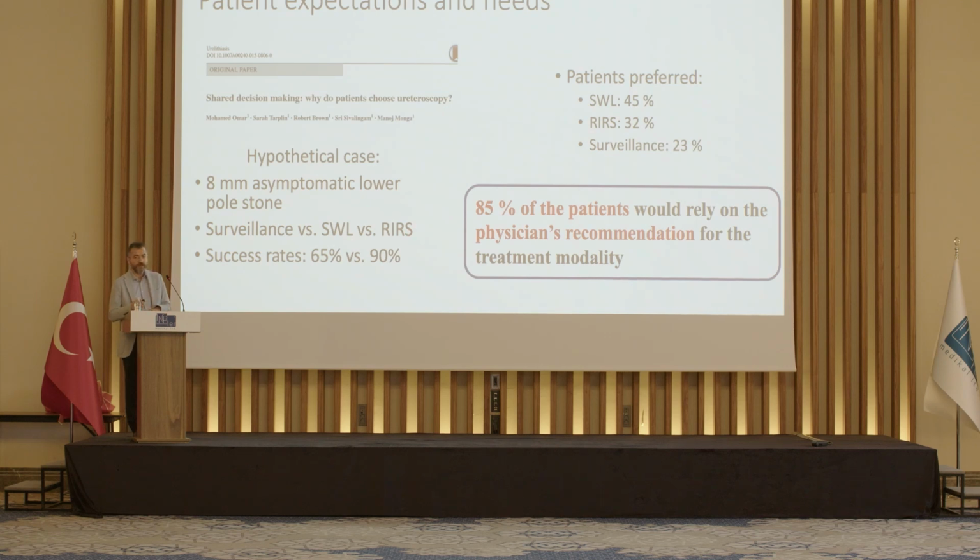They gave success rates of 65% for the shockwave and 90% for the RIRS, and in the end asked the patients, what would you select for yourself? About 45% of the patients prefer shockwave lithotripsy because of the good success rate and non-invasiveness. But more importantly, 85% of the patients just say that we rely on what the physician tells us.